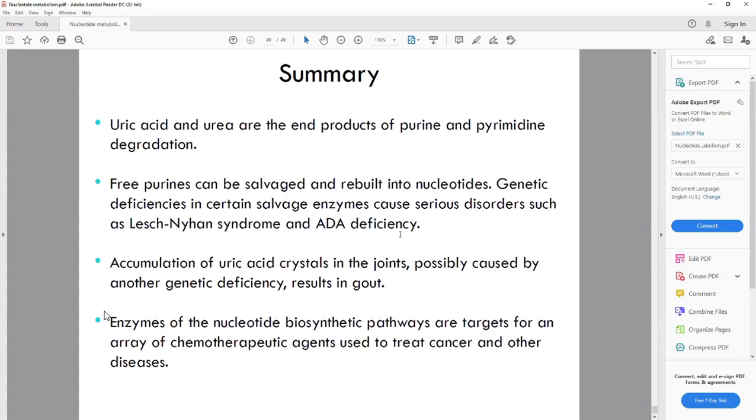For ADA deficiency, I don't remember the full name, I will check again. Accumulation of uric acid crystals in the joints, possibly caused by another genetic deficiency, results in gout. Enzymes are very important. They are targets for treatment of any disease.